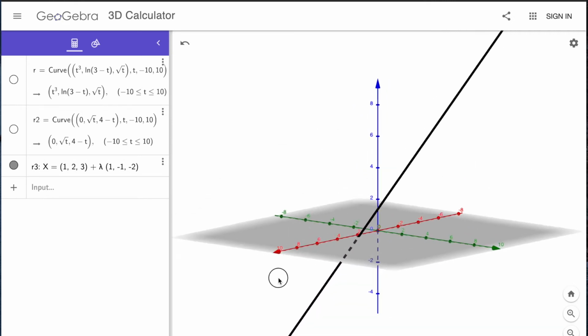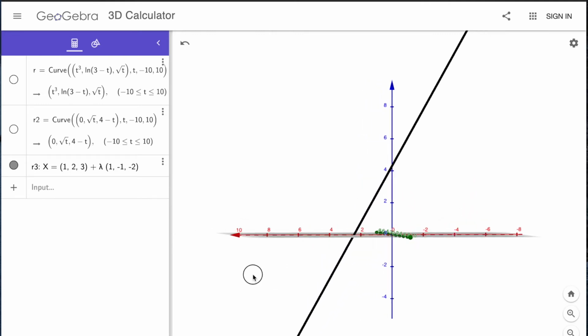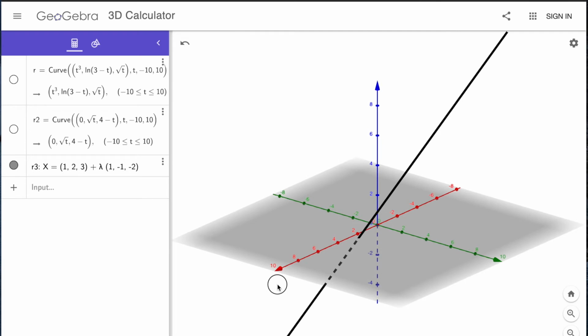It's not just a line in the YZ direction. It's not just a line in the XZ direction. It's a line in all 3 directions. And remember, for us, the parameterization is giving us an orientation. There is a sense in which we're at here-ish before we're at here.